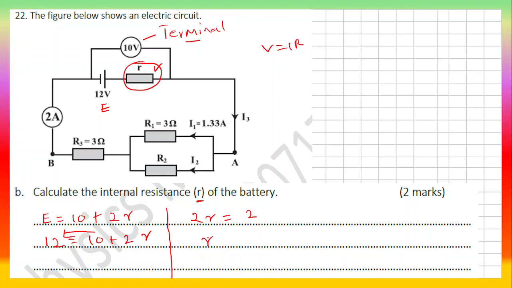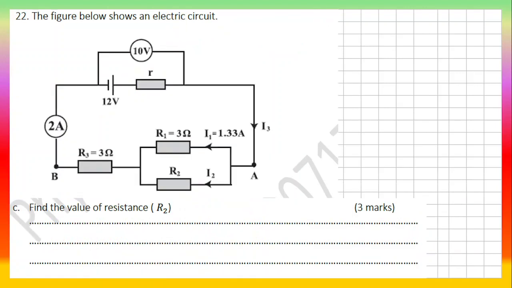What is R? Therefore, R is equal to 1 ohm. You divide both sides by 2, you get 1 ohm. That is the internal resistance.